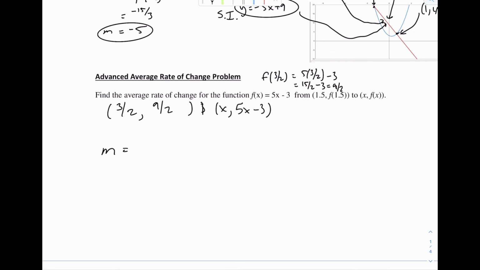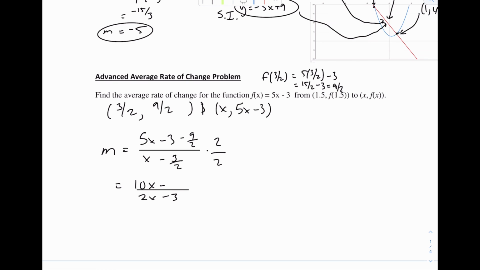So the slope should be 5x minus 3 minus 9 over 2, all divided by x minus 3 over 2. Let's get rid of the complex fractions by multiplying by 2 over 2. That would be 10x minus 6 minus 9 over 2x minus 3.